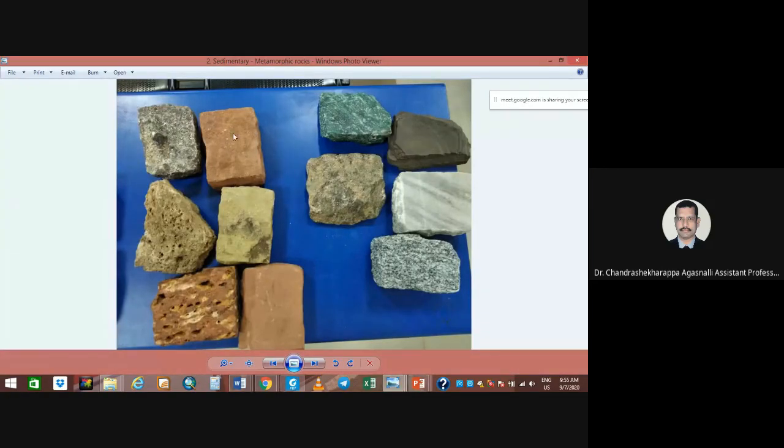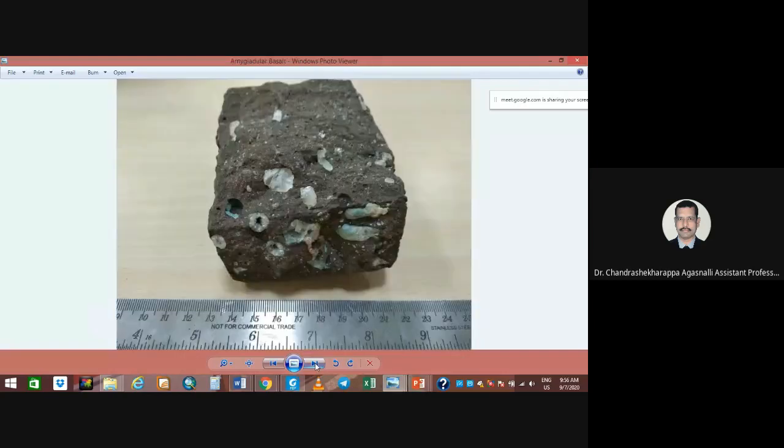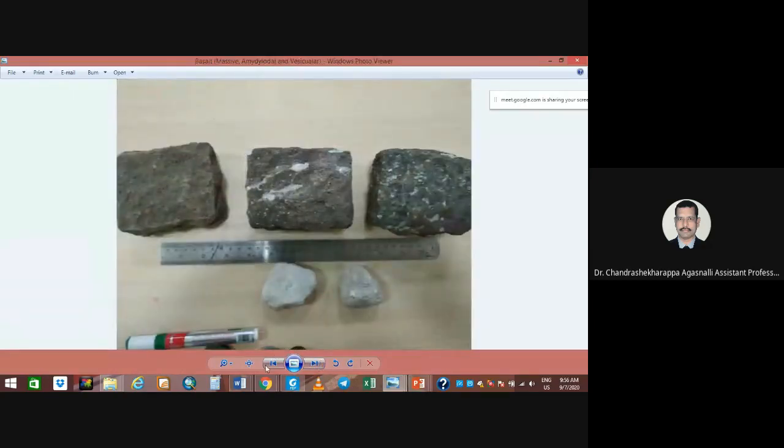They change the chemical and physical appearance due to high temperature and pressure conditions. So the first formed rock is igneous, the second is sedimentary, and the third is metamorphic. Metamorphic rocks are formed from pre-existing rocks. What are those pre-existing rocks? Sedimentary and igneous rocks. Don't get confused. So these are all the rocks.